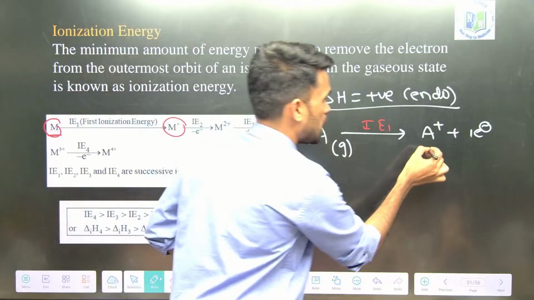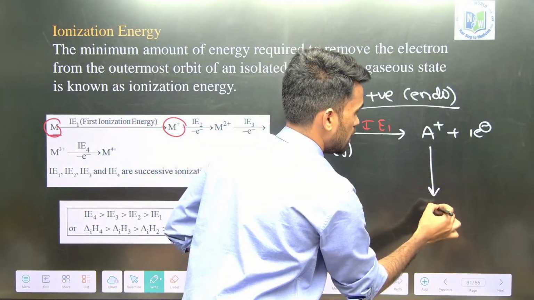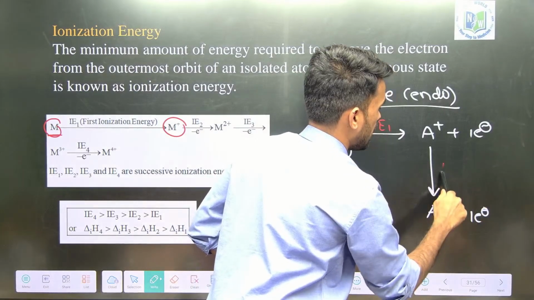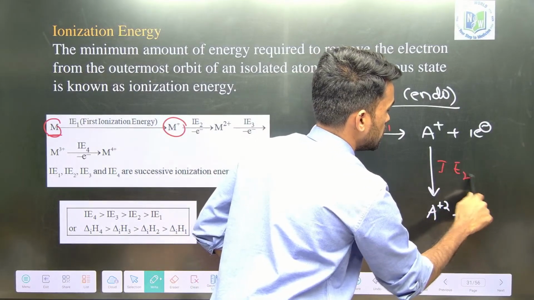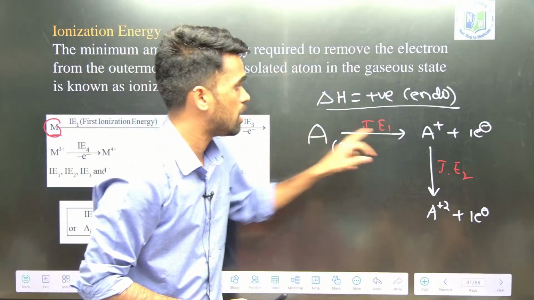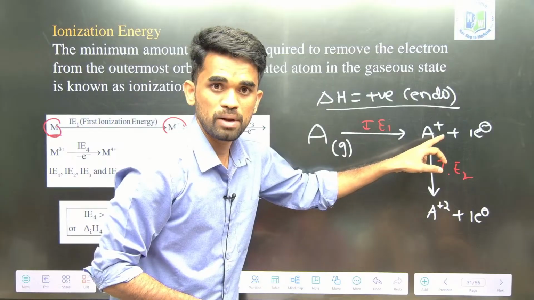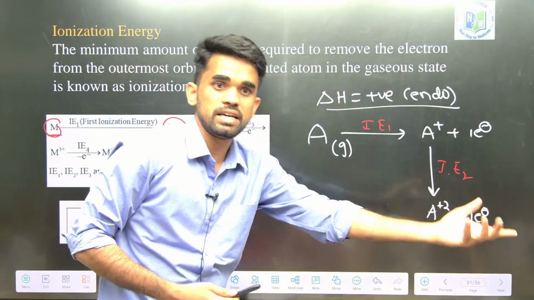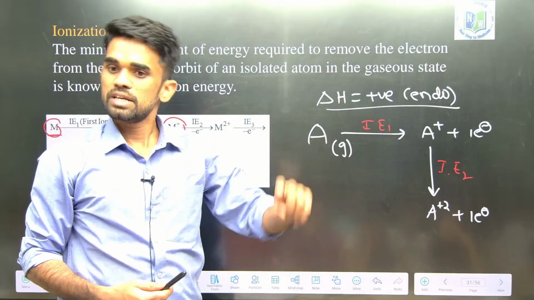See, now removal of one more electron from here. I am making it A plus 2 and removing one electron. I am saying this is second ionization energy. Okay. So tell me which is difficult, removing an electron from the atom or from here? From A plus. It means always second ionization energy will be greater than first ionization energy for an element.